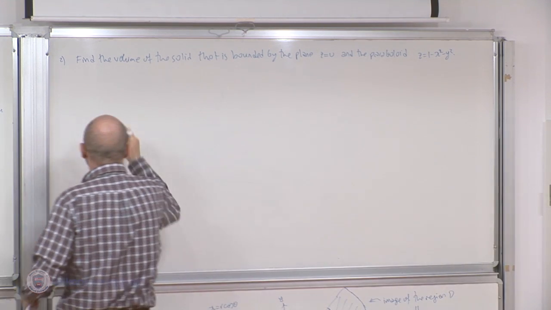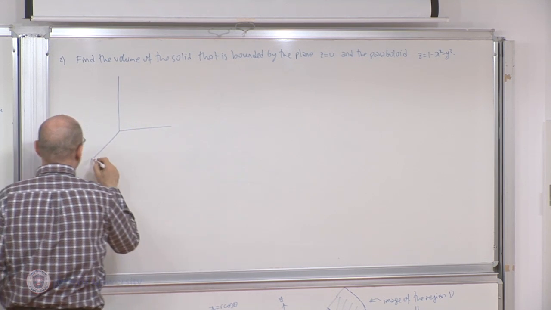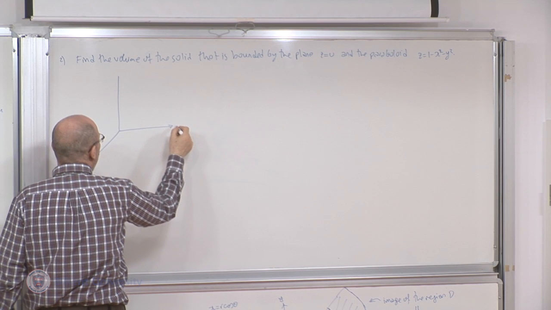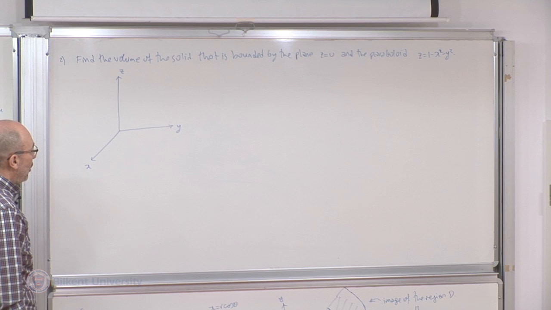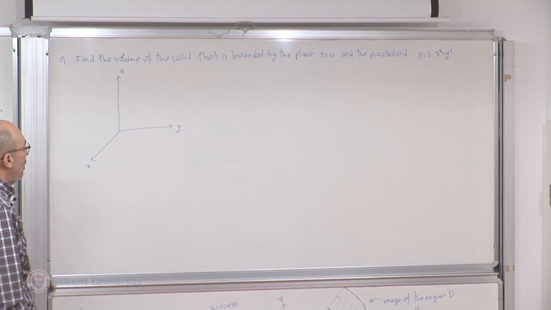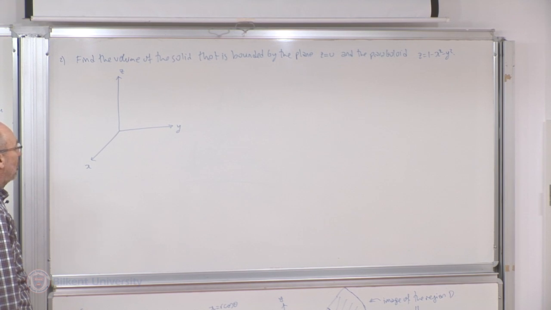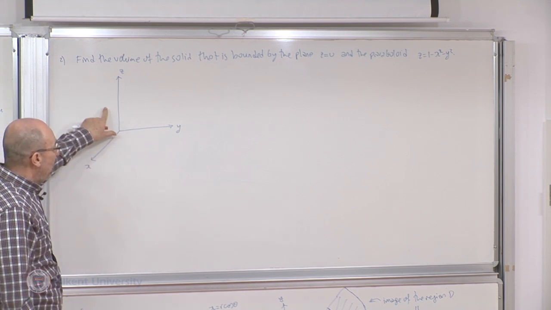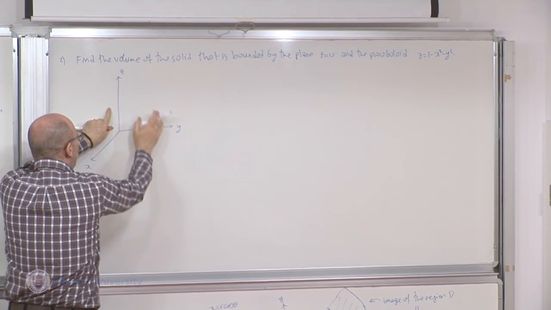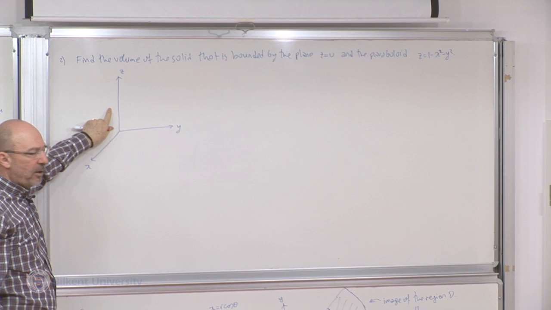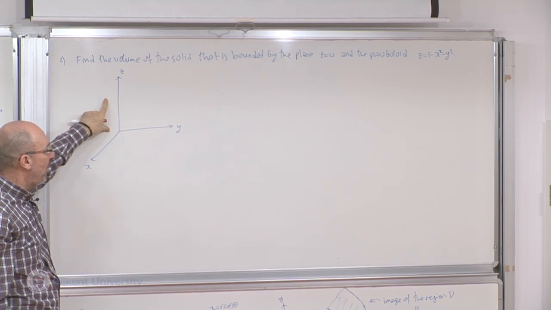Okay, so the picture is something like this. Generally in these pictures, since drawing three-dimensional figures is not always very easy, I try to draw this in the first octant. When x is equal to 0, I see where that paraboloid intersects the yz plane. Okay, so that is z equals 1 minus y squared.